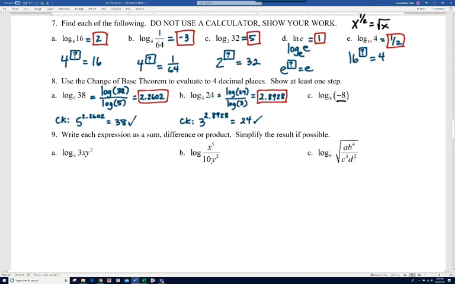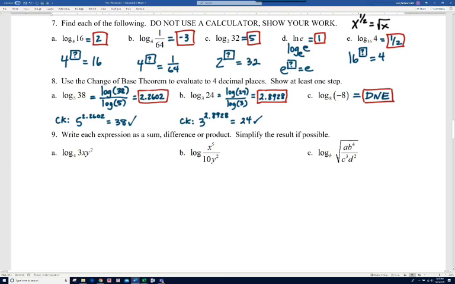You cannot take the log of a negative number. And so this, we would say, does not exist. Basically, negative 8 is not in the domain of the function if you had y equals log base 8 of x. So we can't take the log of a negative number, so we just write DNE for does not exist.